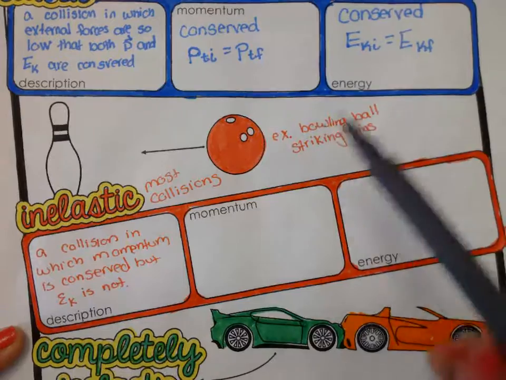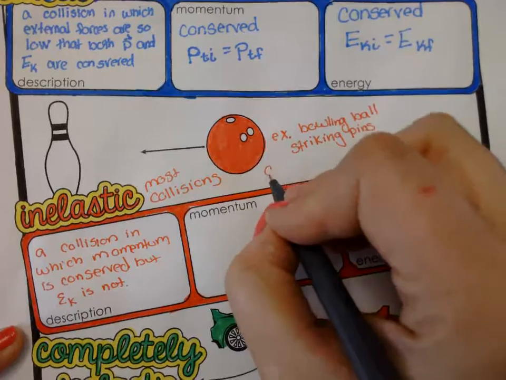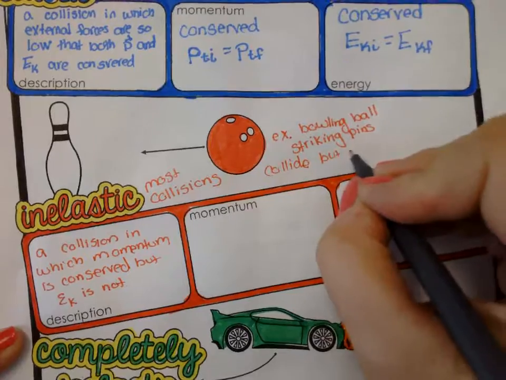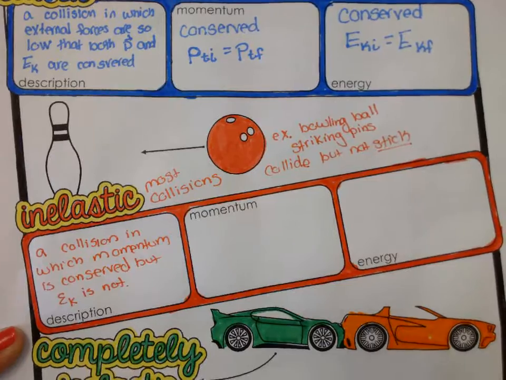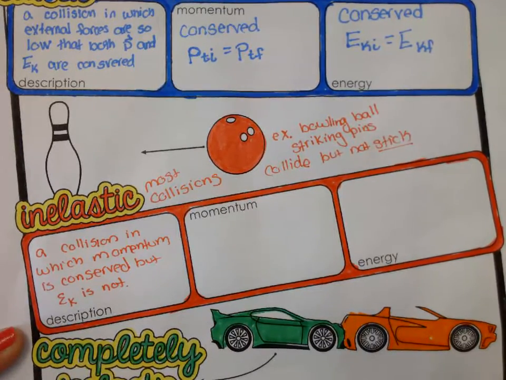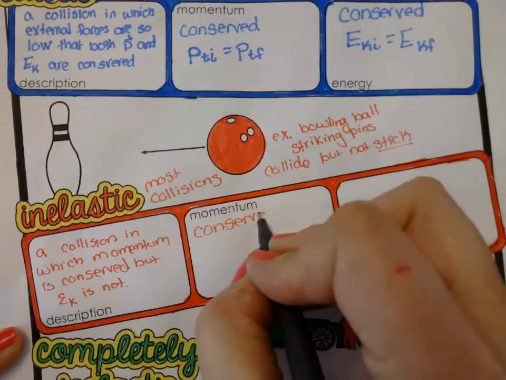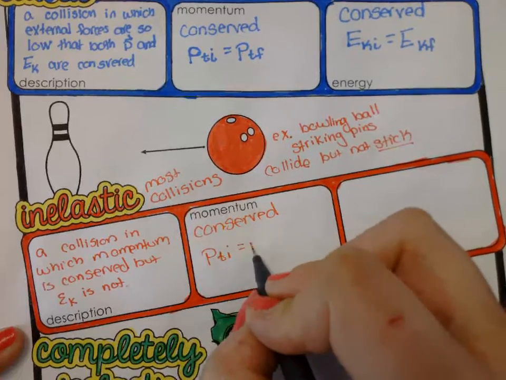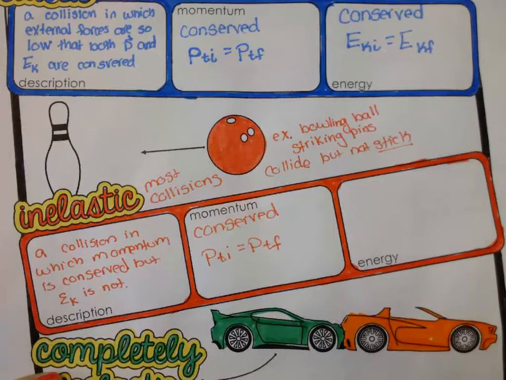So when we say that momentum is conserved, the objects are going to collide, but not stick together. So under momentum, we can write conserved. And our momentum total initial is equal to our momentum total final. So that conservation of momentum law is obeyed.